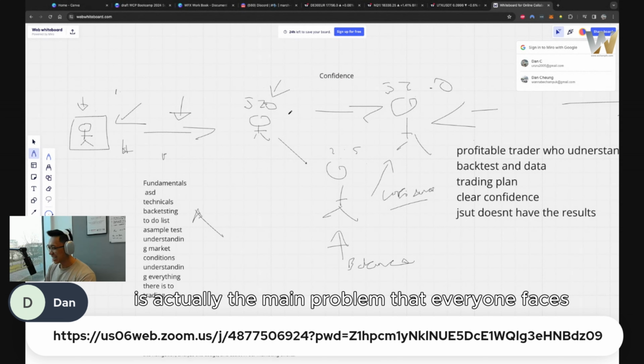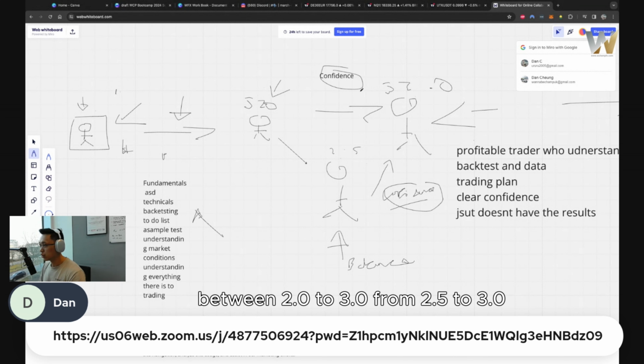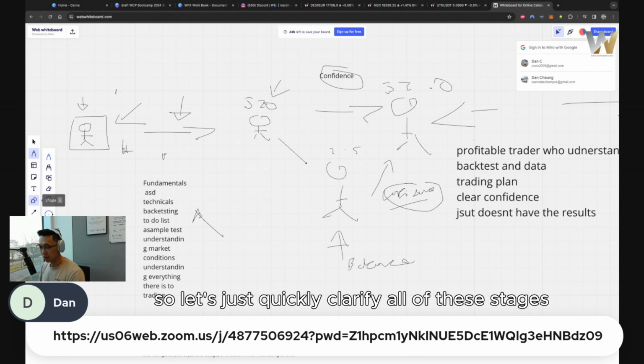Confidence is actually the main problem that everyone faces between 2.0 to 3.0 and from 2.5 to 3.0. So let's just quickly clarify all of these stages.